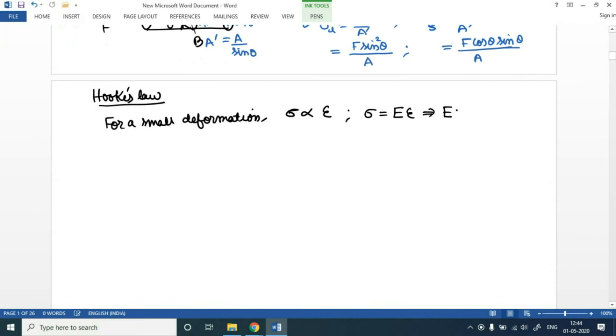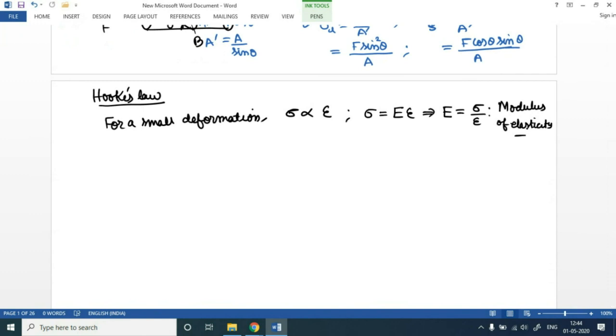This proportionality constant, that is sigma upon epsilon, would be known as modulus of elasticity. And this modulus of elasticity is defined differently in different kinds of situations. For example, in case of longitudinal stress and strain.